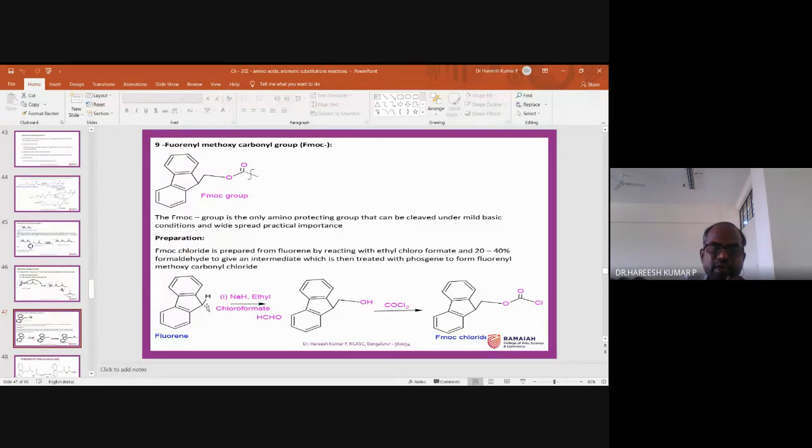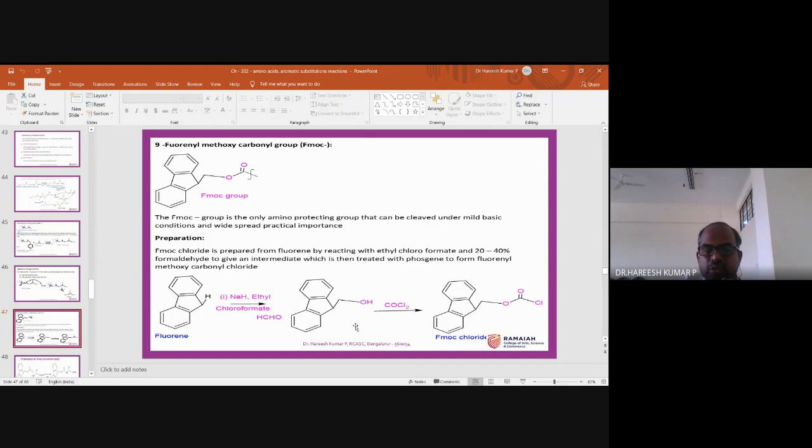Then the base picks up this proton, hydrogen is the leaving group, and there will be a formation of an anion. That anion reacts with formaldehyde, so there will be a bond between this carbon and this carbon, forming CH2OH.